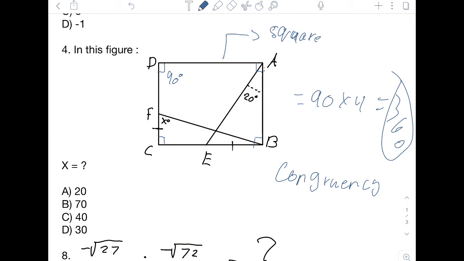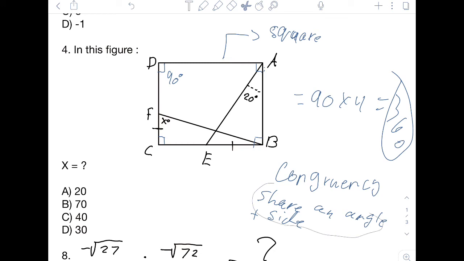Since these two triangles share an angle, and they also share a side, you can already know that they have the same angles all inside. They're literally the same triangle.